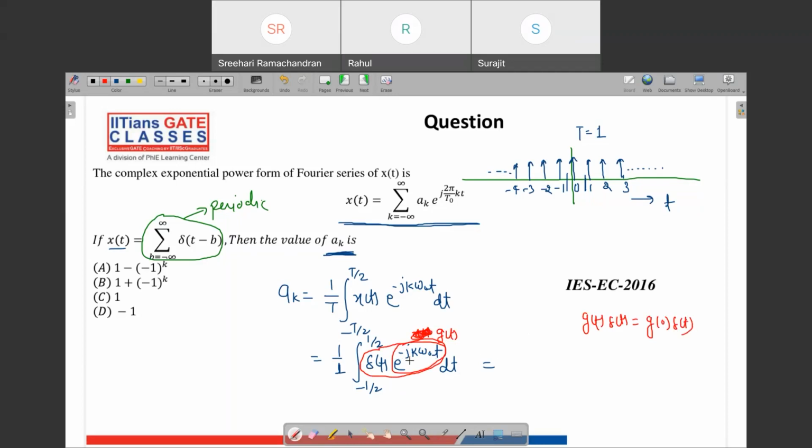So g of 0, which means that I need to replace this t with 0, and this complete thing will become exponential to the power 0, and you will be left with the integral from minus 1 by 2 to plus 1 by 2 of delta t dt. Okay, and finally this integration will be equal to 1. So a of k is always equal to 1. Okay, so this will be the correct answer.